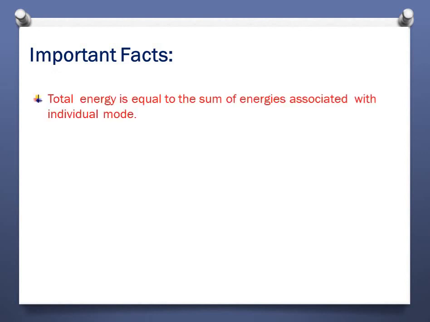Okay, so that was the expression. So let's understand some of the important facts. First is, as I discussed, the total energy in a vibrating string is equal to the sum of energy associated with the individual modes. Now, the energy of one mode is independent of the energy of the other modes.